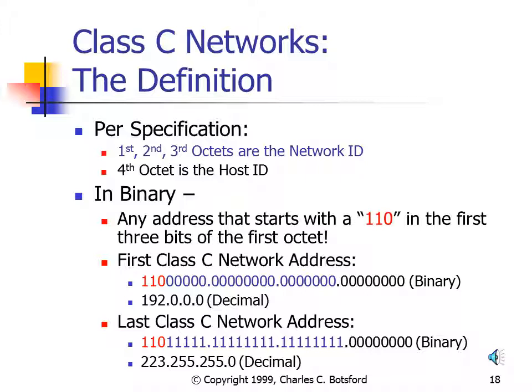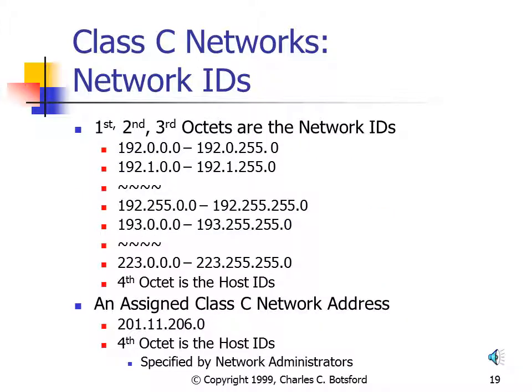Now again, calculating the binary into decimal, we see that the first possible Class C address would be 192.0.0, that would be the network ID of the first Class C network. And the last possible Class C network address would be 223.255.255.